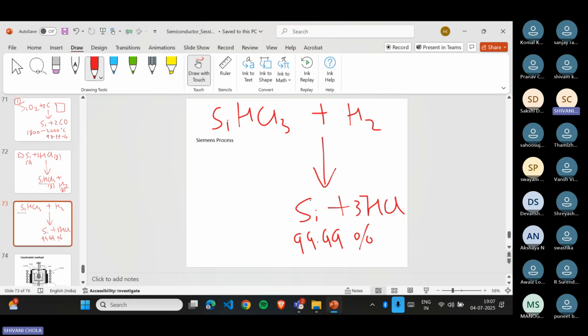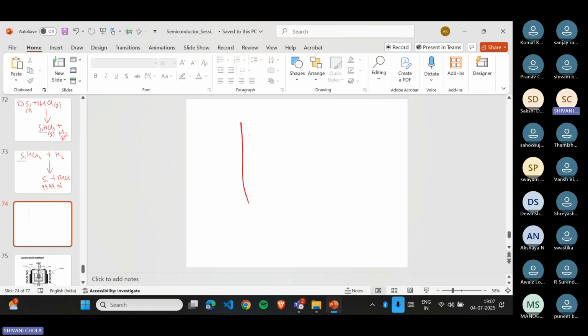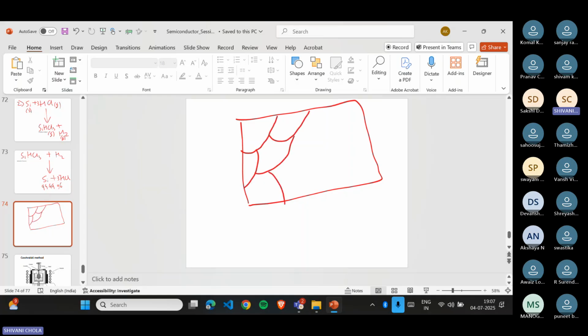Because the silicon which you have got from this part is polycrystalline silicon. Now, what is polycrystalline? Wait, I'll explain. Let's say this is your crystal of silicon. Polycrystalline means it's made from pure silicon, but it's in parts of crystals which have come together. That's why we call it polycrystalline.